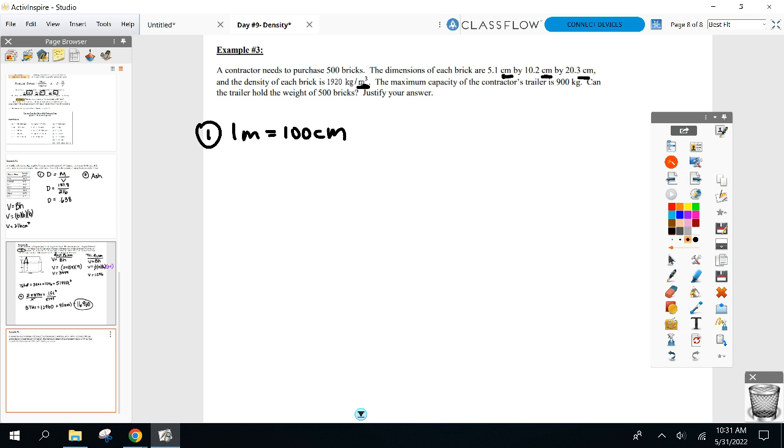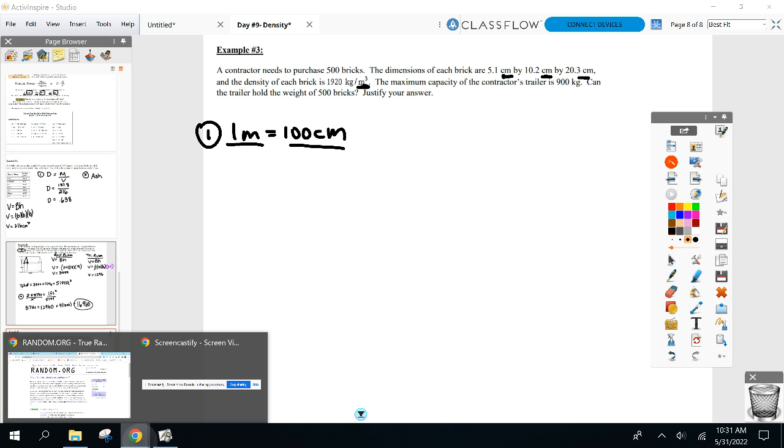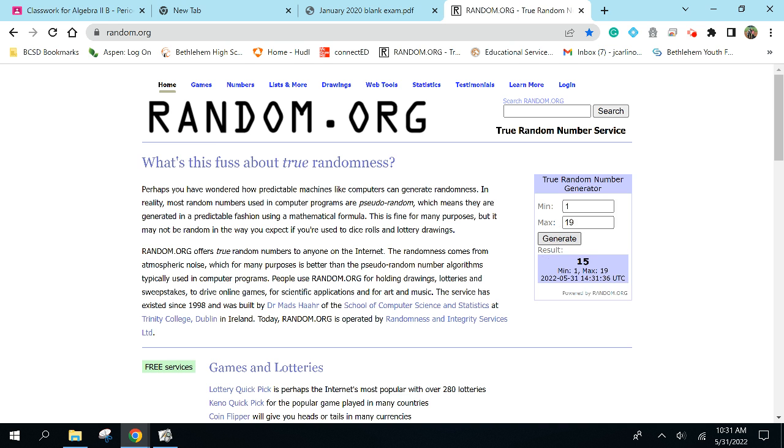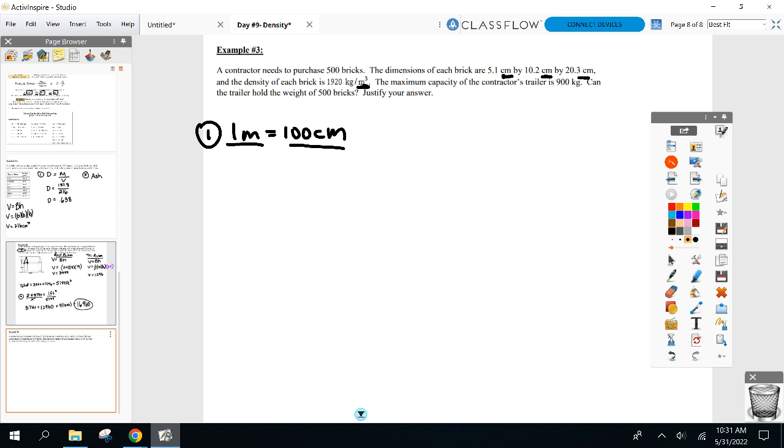So the first thing we'll do, let's take 5.1 and convert it to meters. So where should I put the 5.1 here? Underneath the centimeters, because it's in centimeters. And let's find out how many meters it is. So cross multiply.